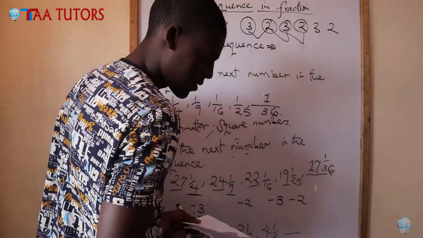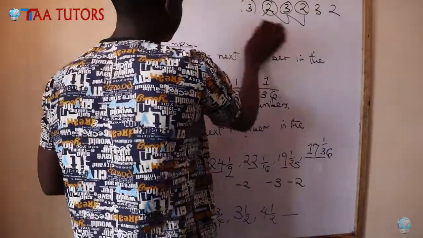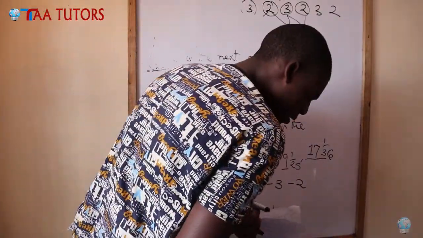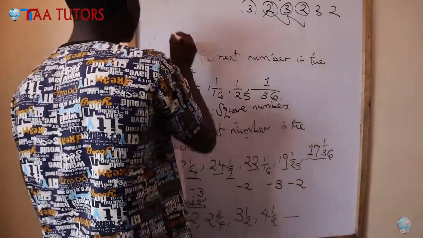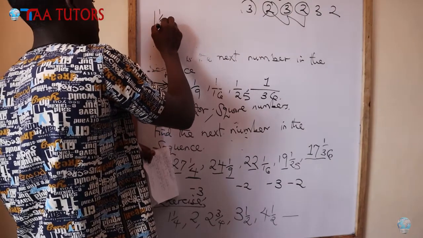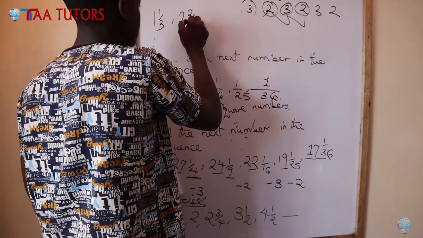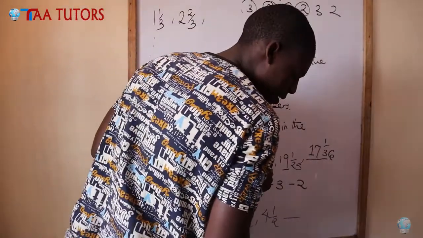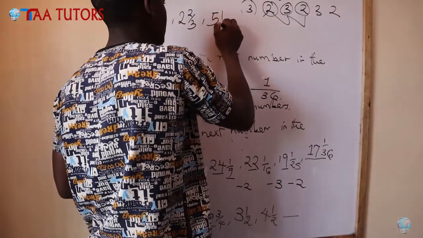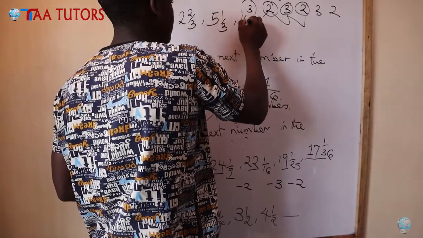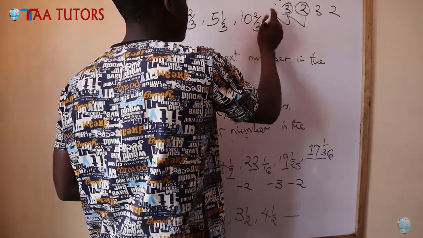Another one I can give is: we have 1 1/3, then 2 2/3, then 5 1/3, then 10 2/3.